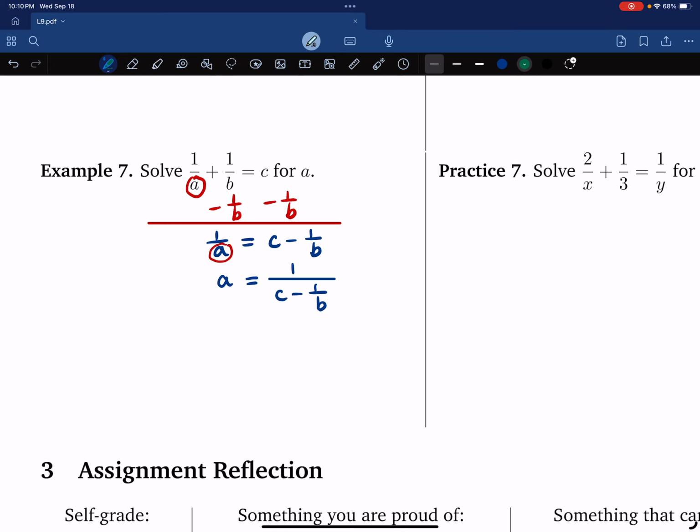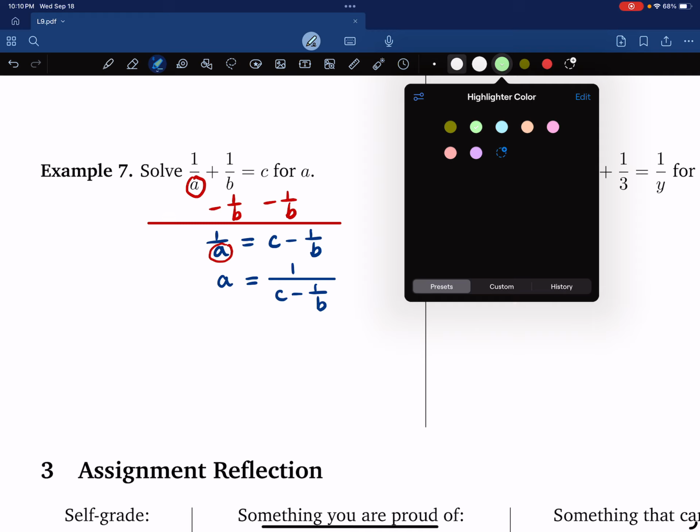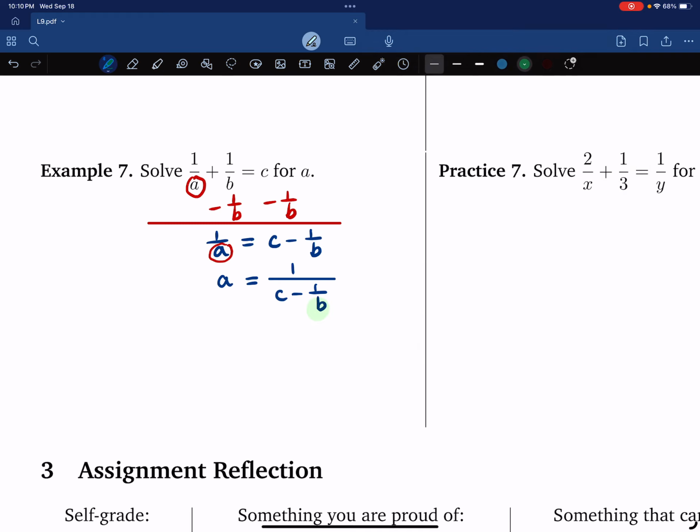Since there's only one denominator, let's highlight that. It's just B. Your LCD is B. And then I multiply everything by B, because that's the second method that we discussed. So on the top, multiply 1 by B; on the bottom, C multiply by B, and 1 over B multiply by B. And this will give me a simplified rational expression.